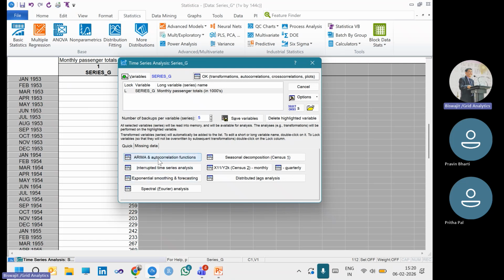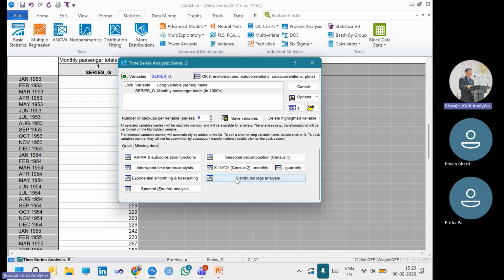these are the methods supported by the Statistica time series methods: ARIMA and autocorrelation functions, interrupted time series analysis, exponential smoothing and forecasting, spectral Fourier analysis, seasonal decomposition, X11 and Y2K census to monthly, and distributed lag analysis.